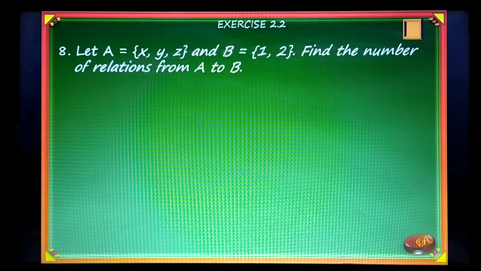Question number 8. Let A = {x, y, z} and B = {1, 2}. Find the number of relations from A to B. Solution.